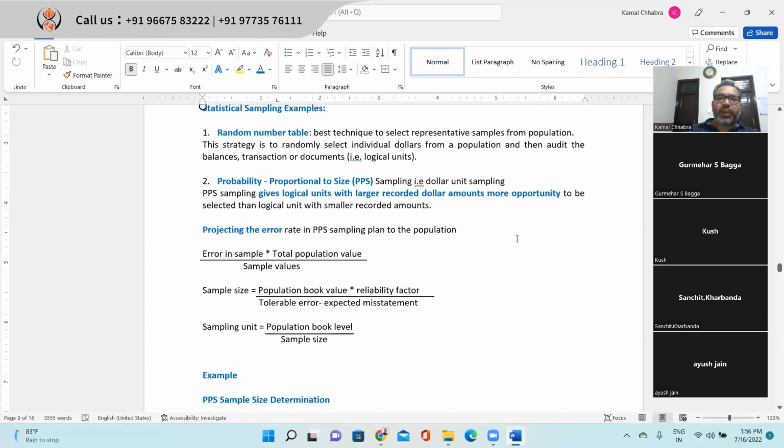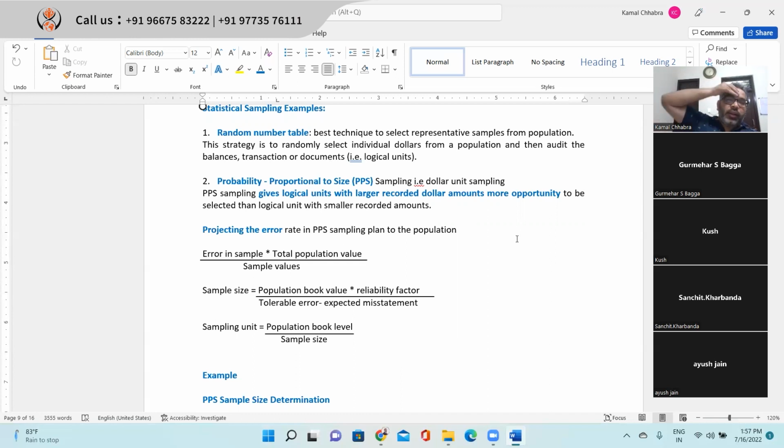Second is probability proportionate to size. This is called PPS sampling technique. This is more on dollar unit sampling, which is MUS, as we called it in EY. It comes from the probability proportional to size technique, which focuses on testing the high value line items majorly.